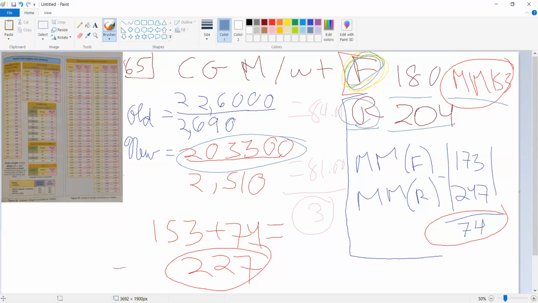So we have to add the two changes of moment: the front passenger did in total 153. But with the rear passenger, there's two movements happening. So after we get the difference of that, we add those two numbers. And that's why we have the new numerator. Then to figure out how much change was done, we have to find the CG of both, subtract them, and then we see exactly how much the center of gravity has changed. It's a little bit of a mess. I didn't draw a picture, but I hope that makes sense.